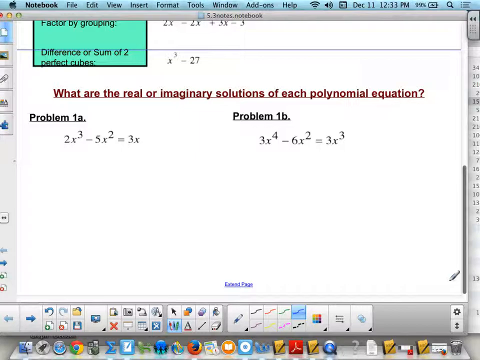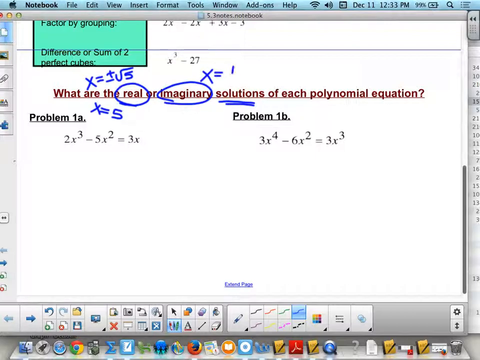What are the real or imaginary solutions to each polynomial equation? Well, first of all, the word real means your answer might look like this. X equals 5. Or x equals plus or minus square root of 5. Imaginary means your answer might look like this.